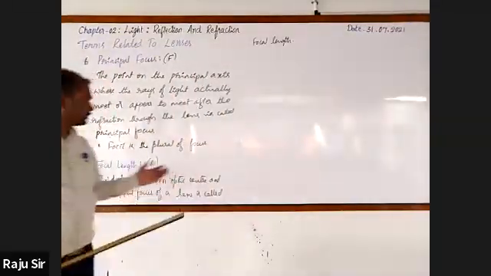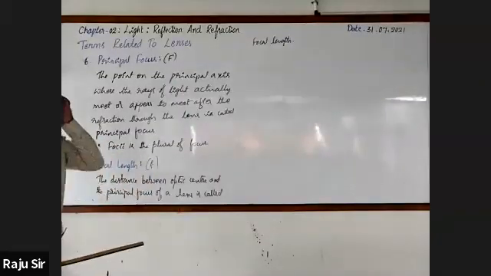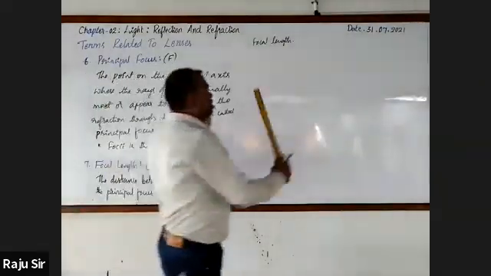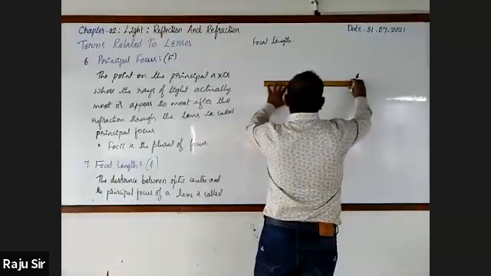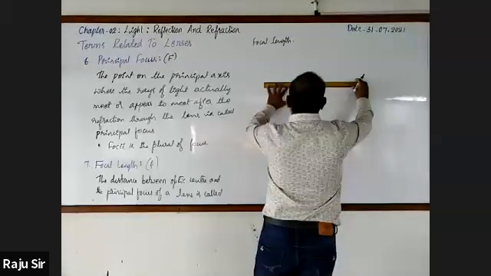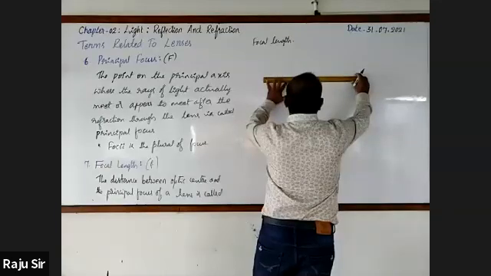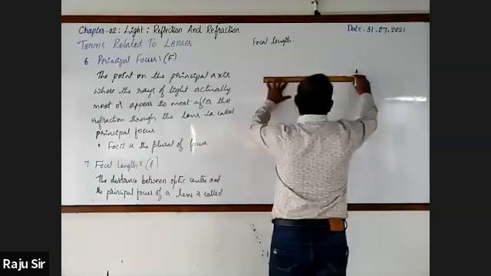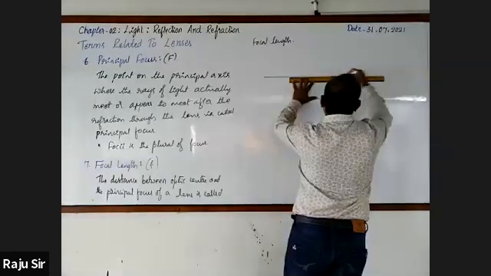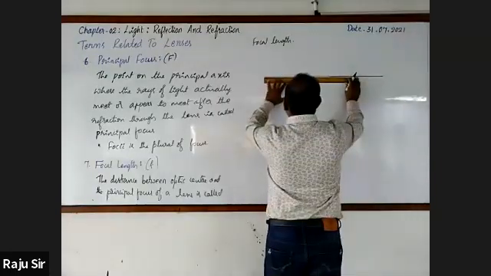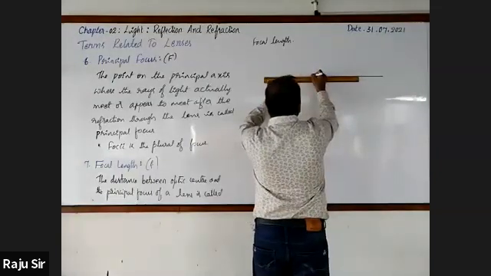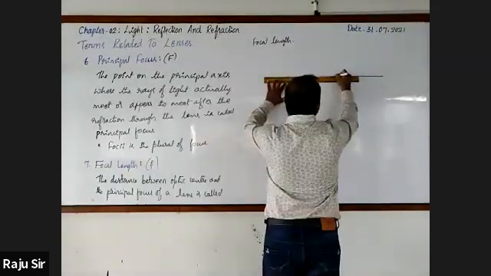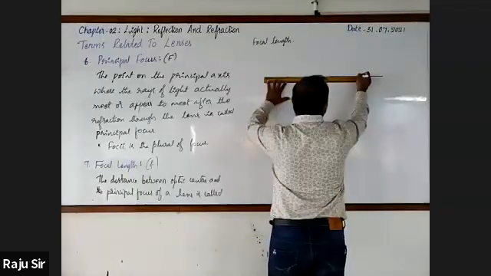Now we'll go for showing both principal focus and focal length. Just follow my instruction and draw the ray diagram. Draw a straight line and go on marking for every 2 centimeter: 2, 4, 6, 8.